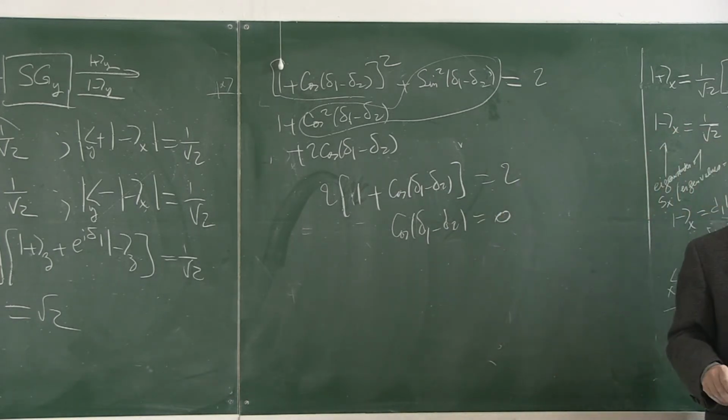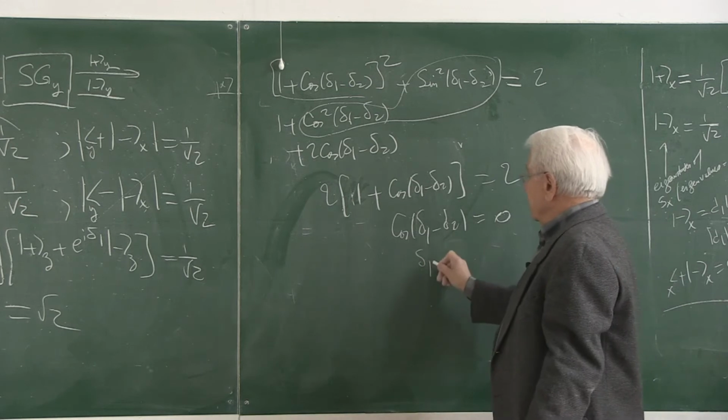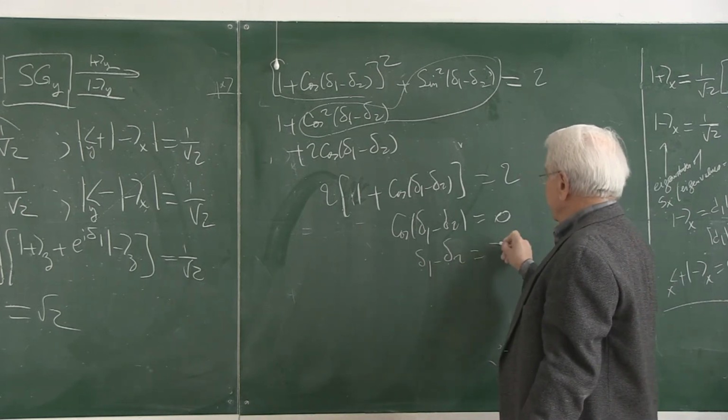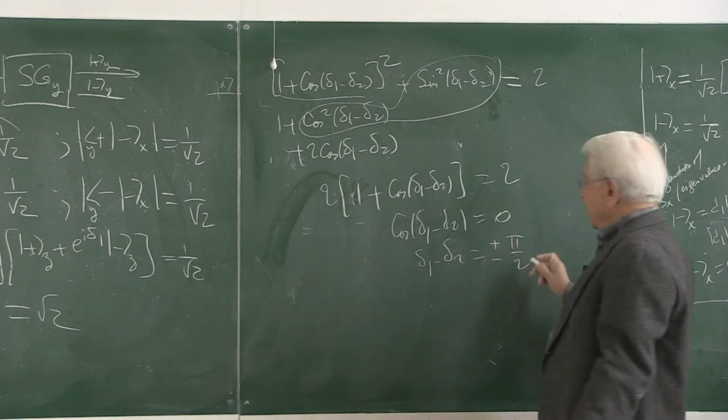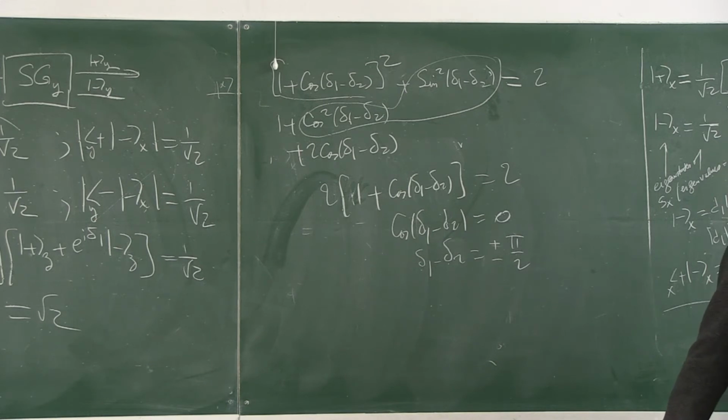How nice. If the cosine of delta 1 minus delta 2 is equal to 0, then delta 1 minus delta 2 is either plus or minus pi over 2, right? Within the full 2 pi period, you may say pi over 2 and 3 pi over 2, depending on which way you go. Not only is it a difference, there's also further ambiguity. There are two possible values that you find, either pi over 2 or minus pi over 2.